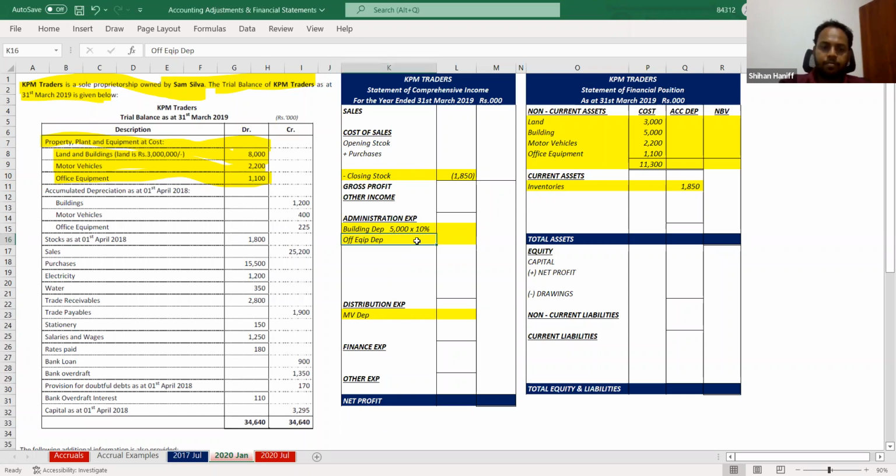Equipment is 1,100 into 25%. Motor vehicles 2,200 into 20%, 440.